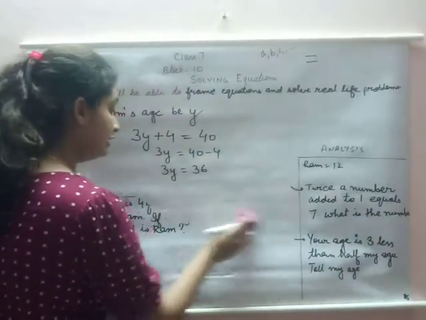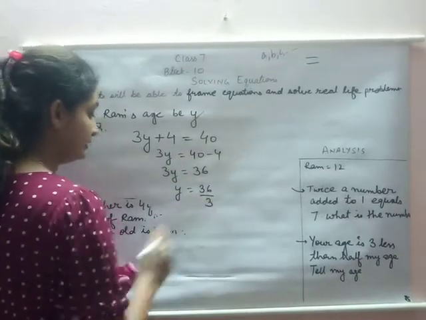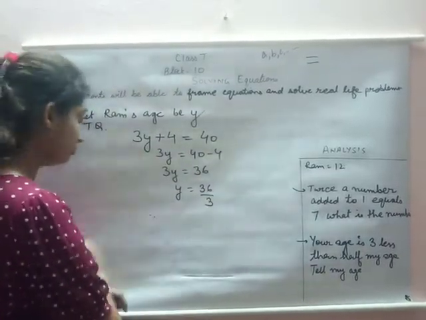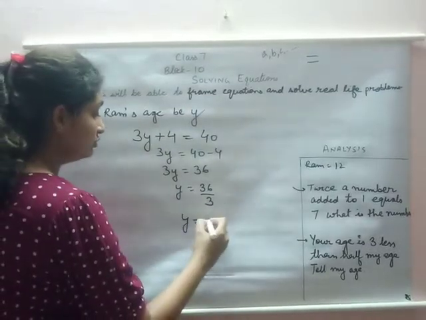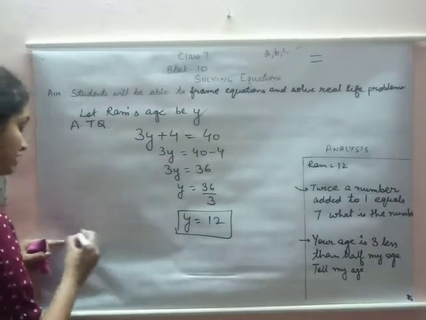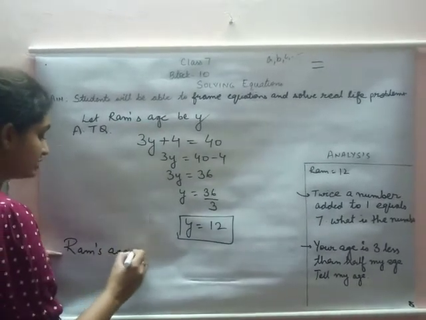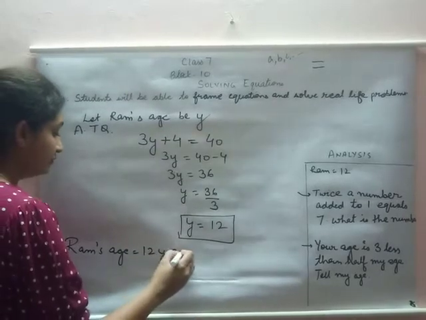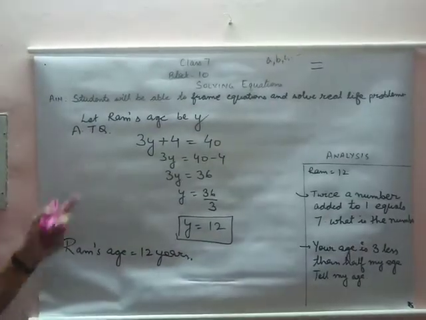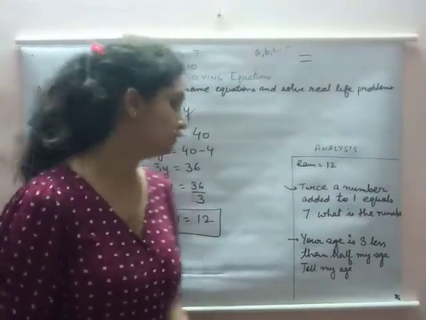We will divide 36 by 3. Now, y is equal to 12. y is equal to 12 means Ram's age is 12 years. Ram's present age is 12 years. Now we have some more questions which we have to go through.